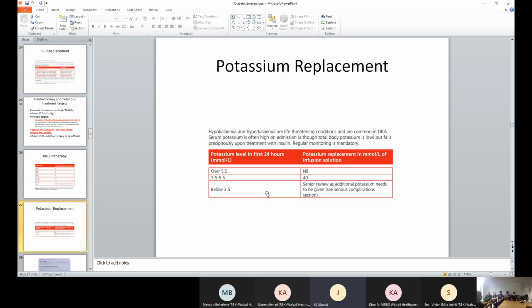They need to put another IV access, and then decide how fast we can give the potassium. So the traditional 20 millimole per hour that we can give, we will be starting it. And if the patient is able to take something orally, you start oral supplements, but it's going to take some time to be absorbed.